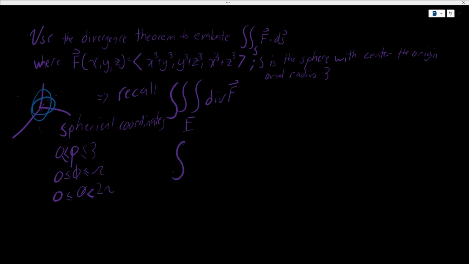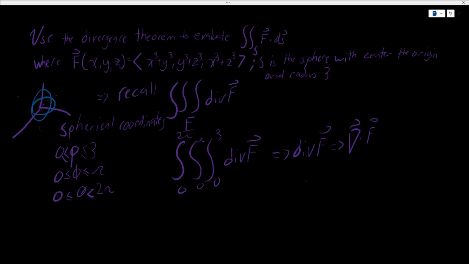So we can set up our bounds just like so, from 0 to 2 pi, 0 to pi, 0 to 3, with our integrand still being the divergence of our vector field. So our divergence of our vector field is going to be equal to the del operator dotted with our vector field.